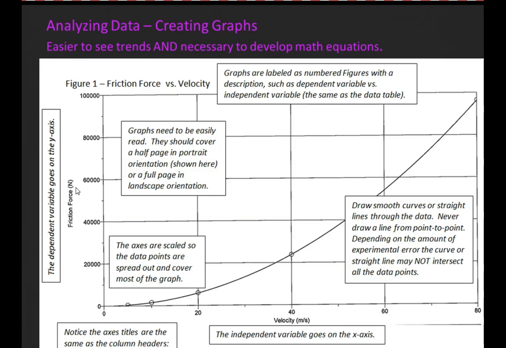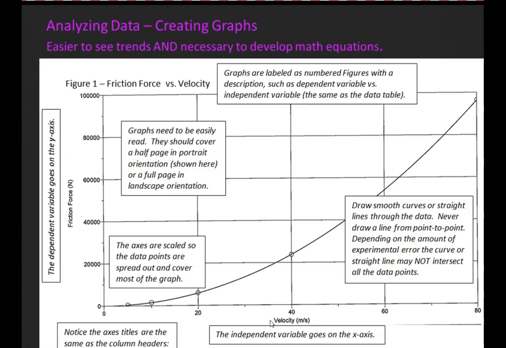A good rule of thumb is your axes titles should be exactly the same as the column headers from the data table. So for instance, friction force newtons was the column header for the dependent variable on table 1, so it's the y-axis title.